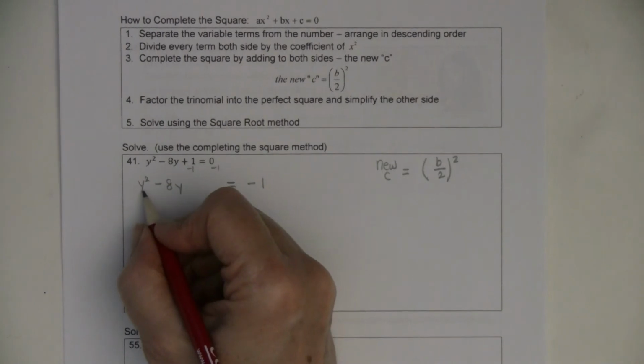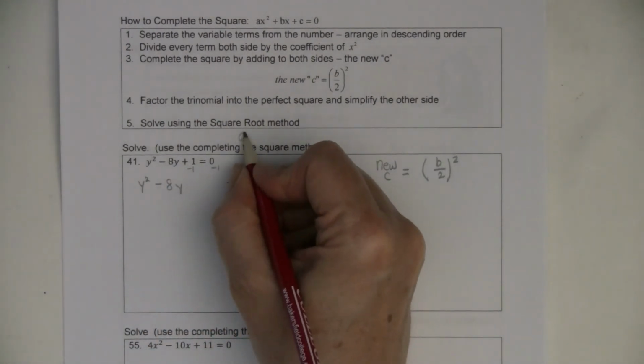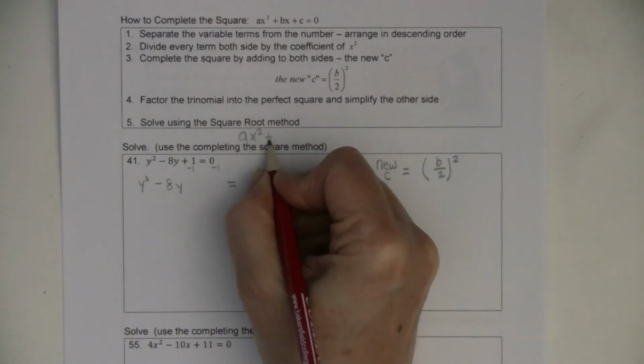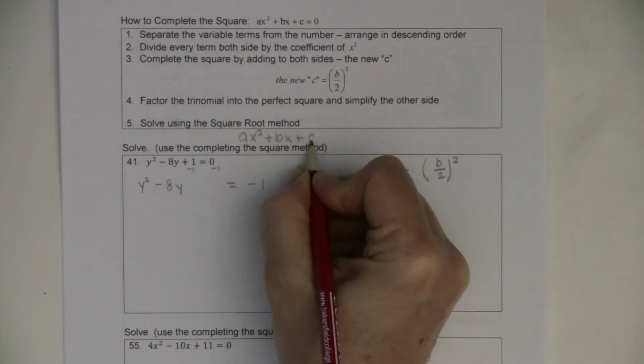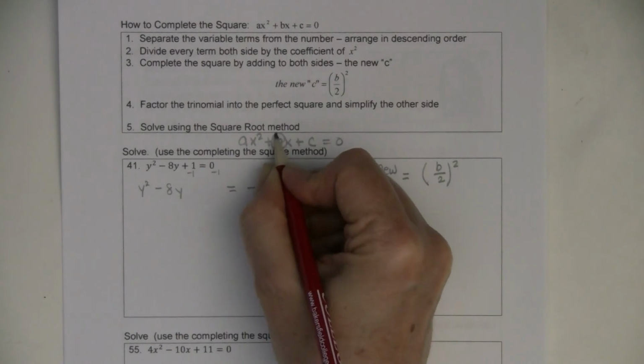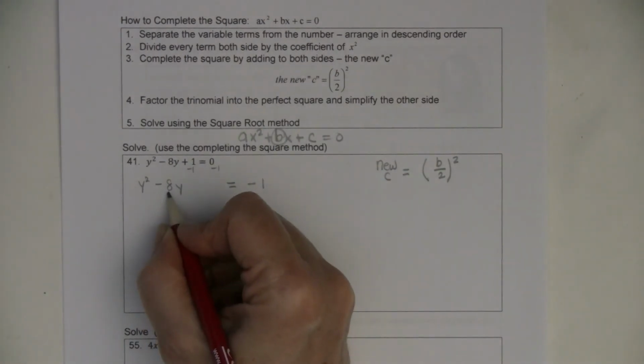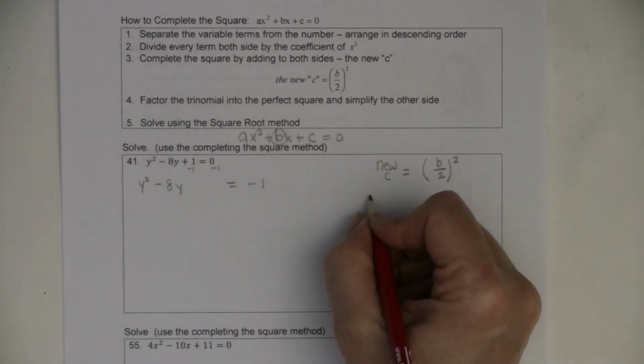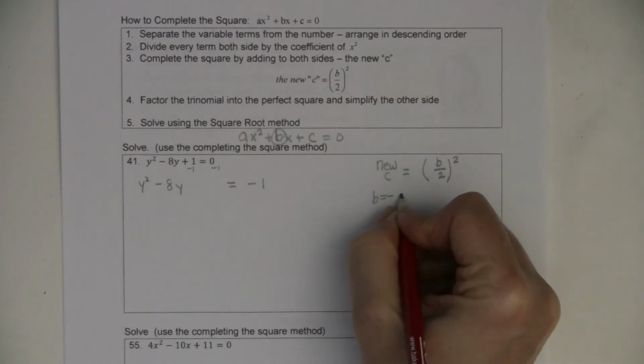Remember, on a quadratic equation, ax squared plus bx plus c equals 0, b is the coefficient of x, in this case the coefficient of y. So our b term is negative 8.